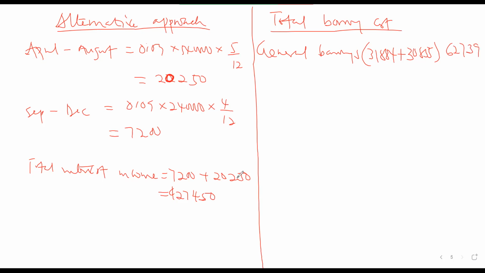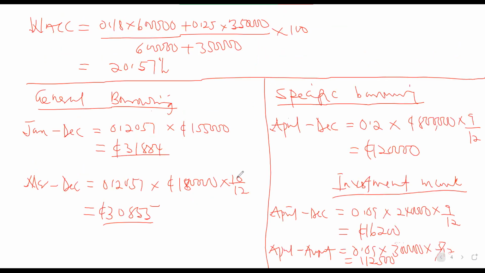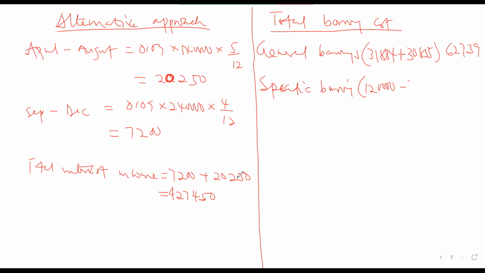Okay. So let's come to the specific borrowing. The specific borrowing will be equal to the borrowing itself, which is 120,000, minus the interest income. I hope you agree to the interest income, 27,450. So what are we having? 120,000 minus 27,450.